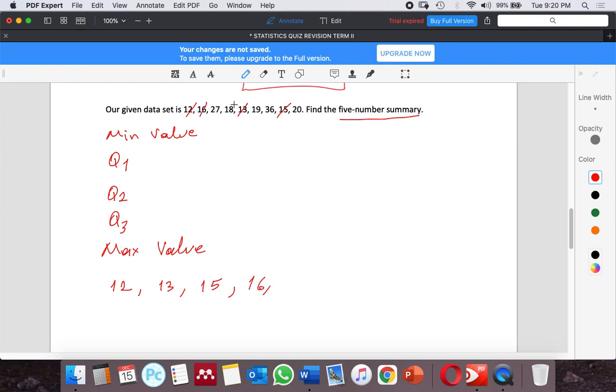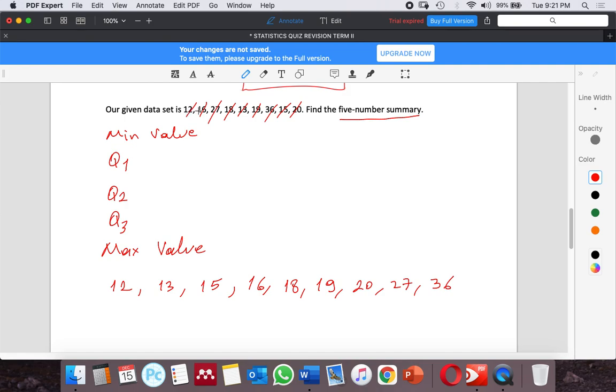After 16, 18. After 18 we have 19, after 19 we have 20, after 20 we have 27, and then after 27, 36. So how many numbers? 1, 2, 3, 4, 5, 6, 7, 8, 9.